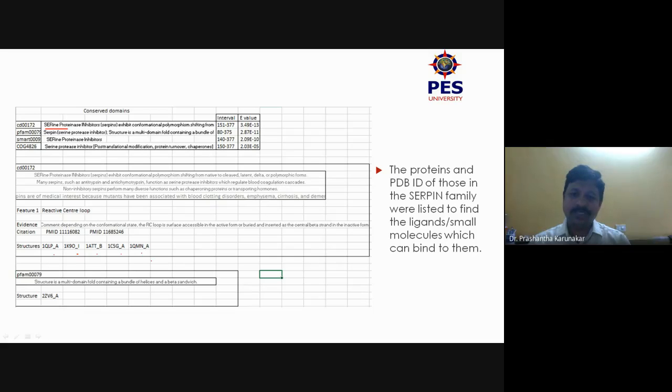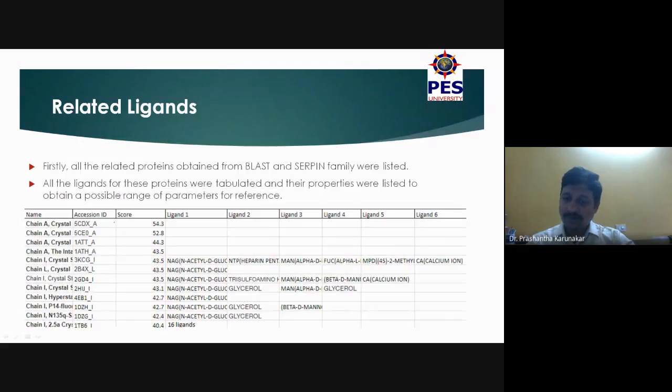So we need some strategies to reduce the number and then use it for virtual screening. There are multiple approaches. One approach that we used is, because there is no drug available but we still want to do this, as this protein belongs to the serpin family, we ask whether there is any ligand bound to these serpin family proteins.